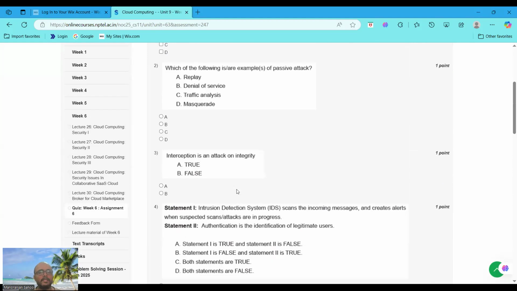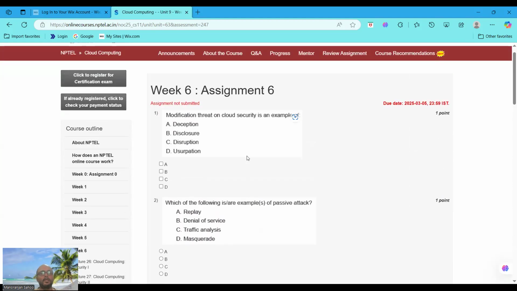The first question says modification threats in cloud security. Modification threats in cloud security are an example of which of the four options? Out of the four options, the best choice is disruptions and usurpations. Why do we choose disruptions and usurpations? Because what is a disruption?